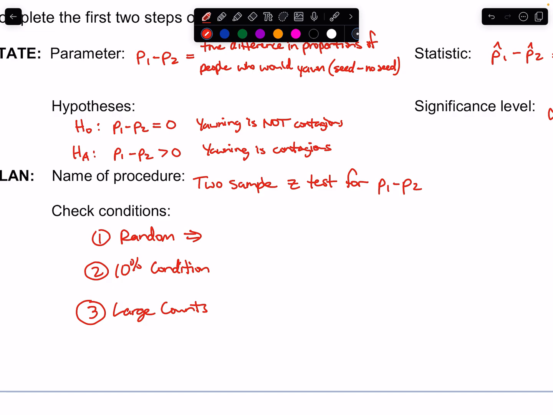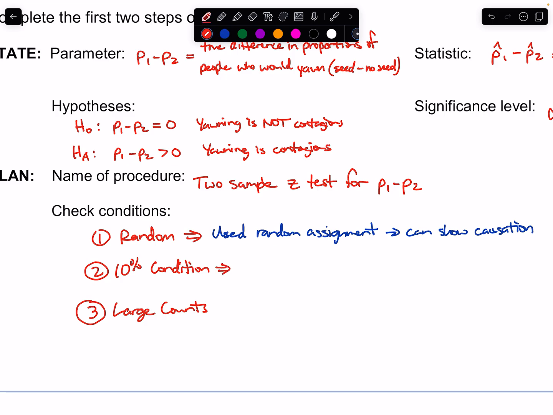In this case, we did use random assignment. And what does that mean for us? Is that we can show causation, which is important. I want to show that the exposure to yawning is what caused people to yawn.